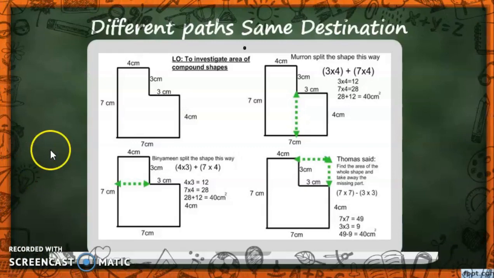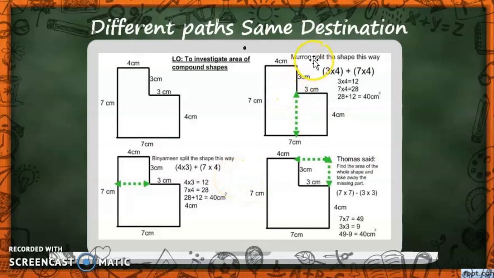Next, different paths, same destination. Maths is so beautiful that you could take many routes to get to the same answer. Here is one particular instance where we have an L shape and we have Moron, Thomas, and Benjamin using three different methods to get the same area.